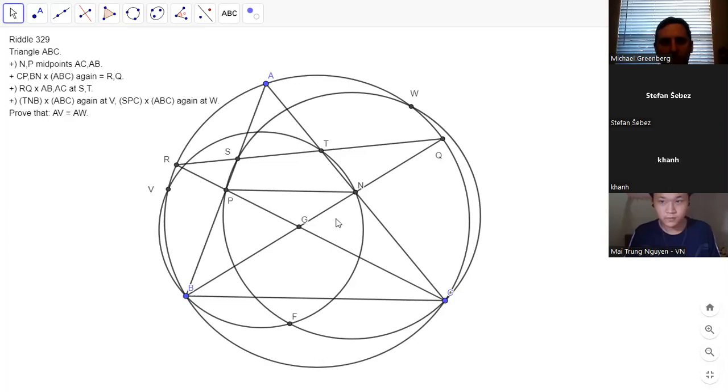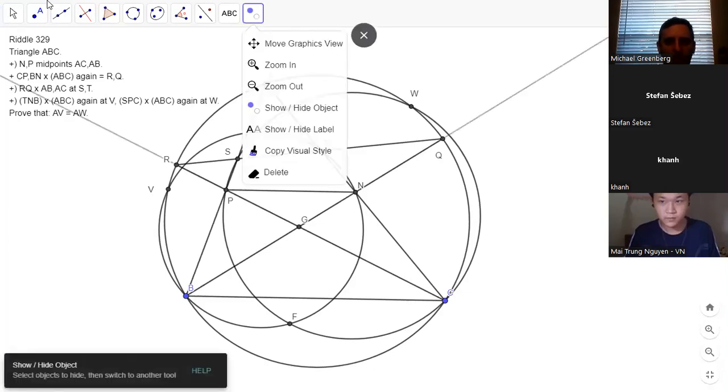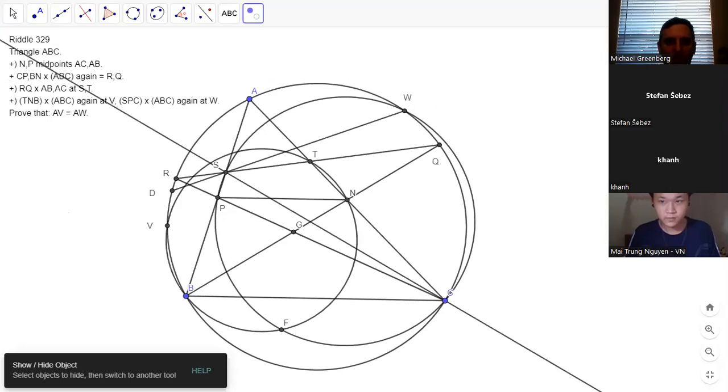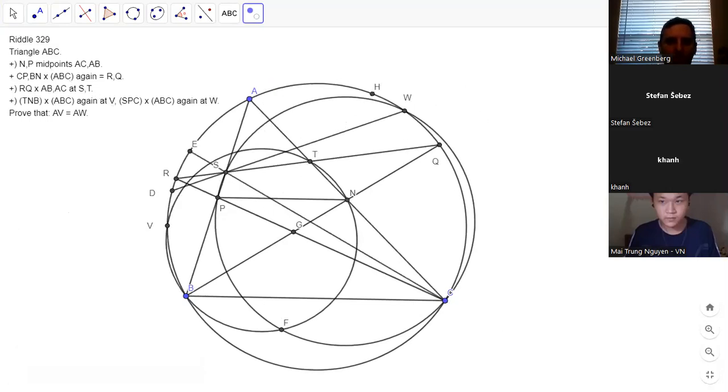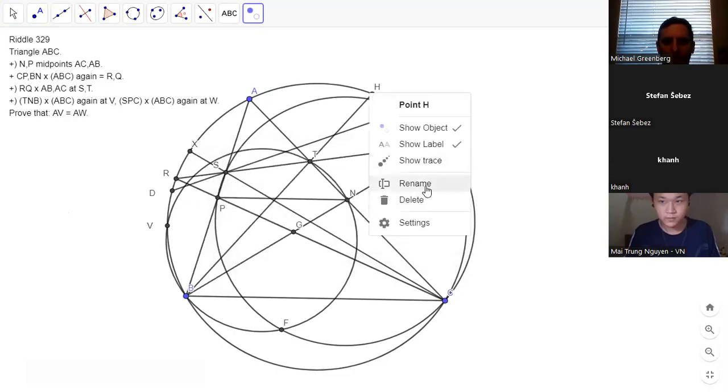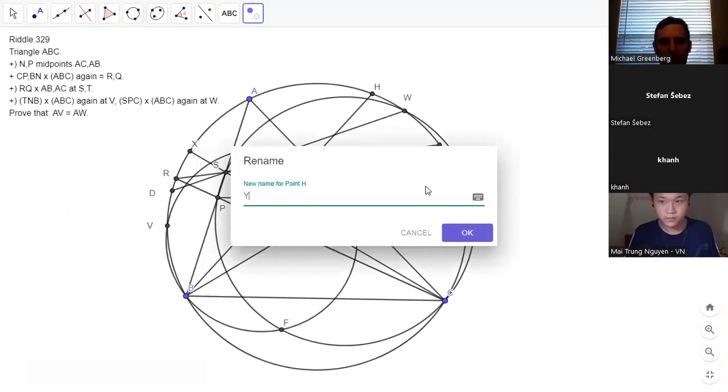Okay, CS and BT intersect the circle at X and Y. I don't think we had that before, did we? Oh, actually yeah, E and H were X and Y instead. Okay. So I'll just rename that X and Y. All right.